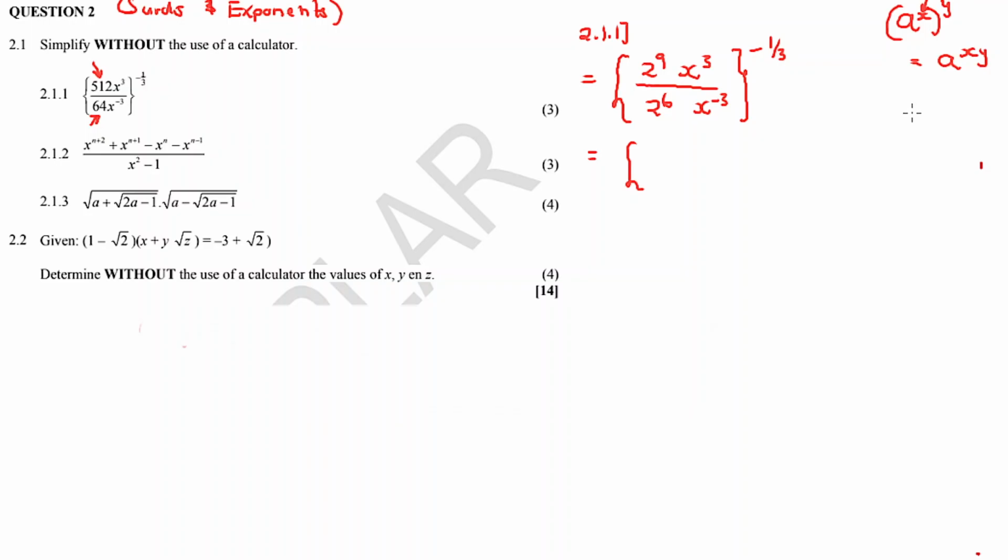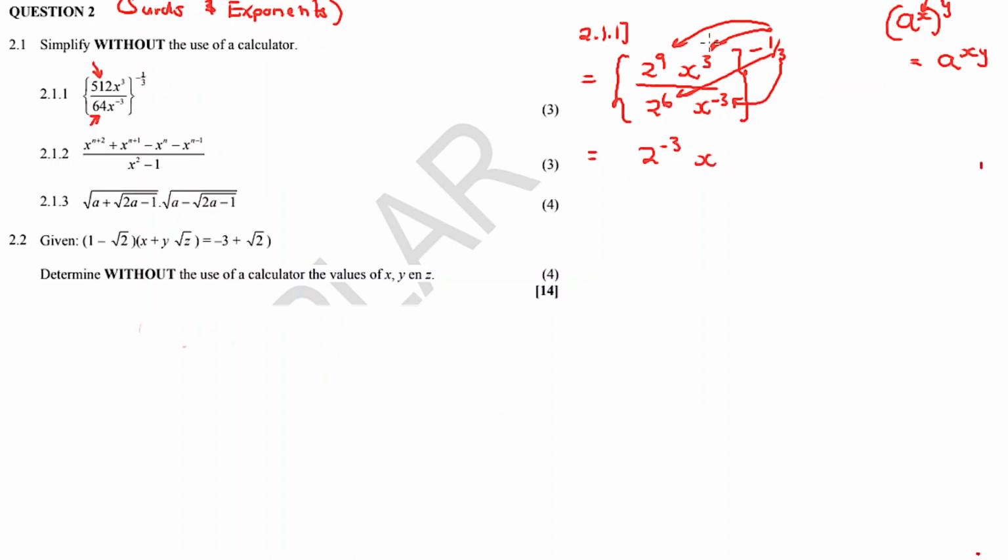So now we do the same. We take the exponents and multiply. So we remove the bracket: 2 exponent 9 times -1/3. That's -3.